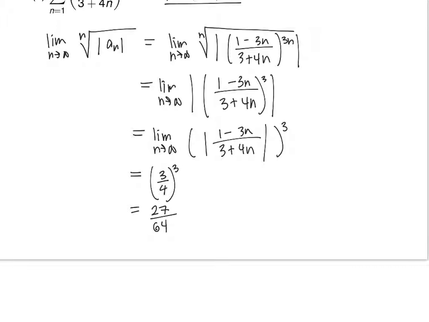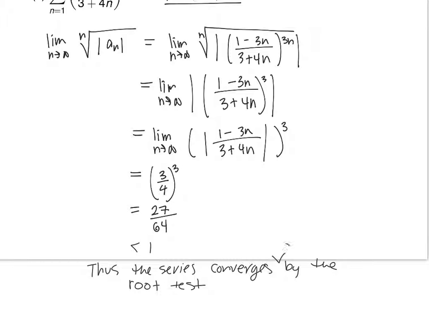The same thing is true here. This is less than 1. So thus the series converges by the root test. And actually it converges absolutely, which is stronger than just regular convergence.